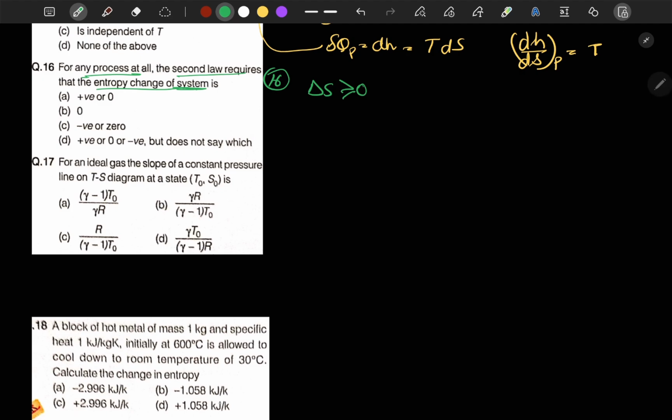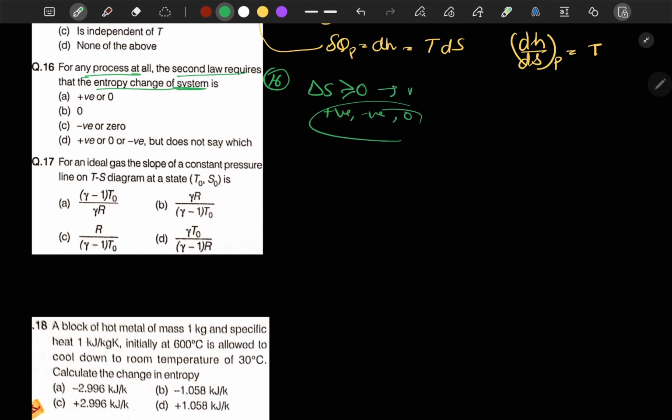But we also know that in case of irreversible process, when there is a heat rejection, our change in entropy of the system may be positive, negative, or 0. Okay, so we know that it might be positive, negative, or 0.